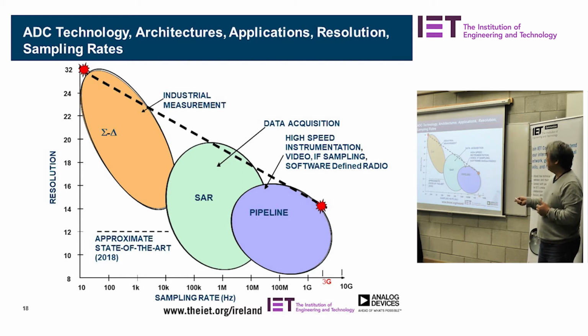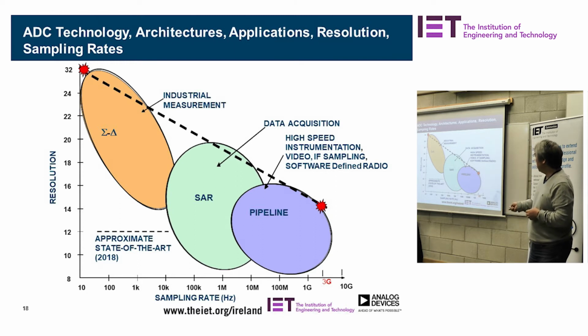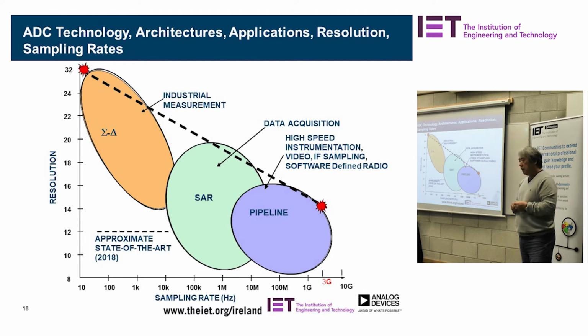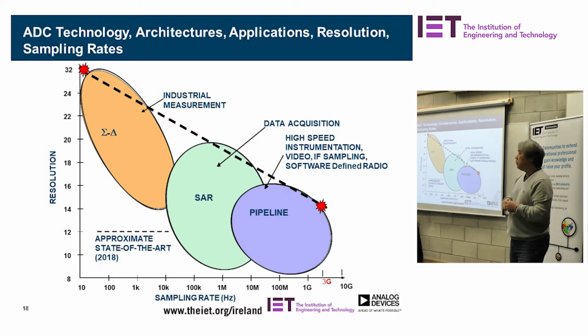The precision is usually SAR, with sampling up to maybe less than 100K. For the high speed, you have 3G networks. We're working in the 3 gigasample per second range for 5G. I work with a few customers at the University of London. They do some 5G network work for major players like Microsoft, BT, and so forth. I've been recommending and working with them for the next generation of 5G for their customers.